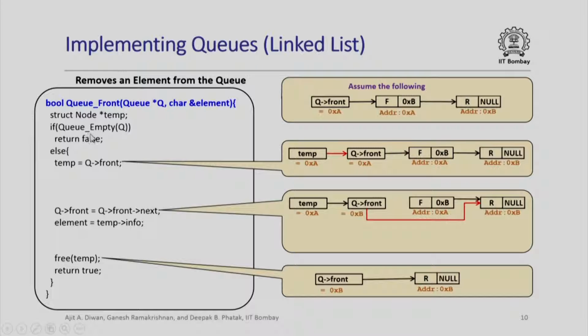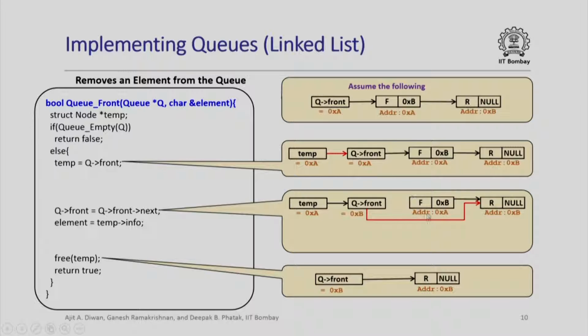Of course, if the queue is empty I do nothing, but if the queue is not empty I assign temp to queue front, which is temporarily holding a pointer here. Next I assign queue front next to queue front. That means I am moving this pointer here, to make queue front point to this r.